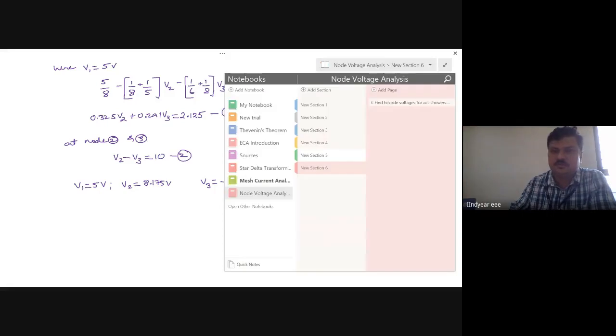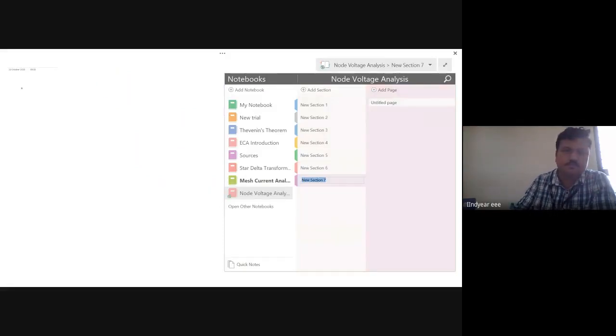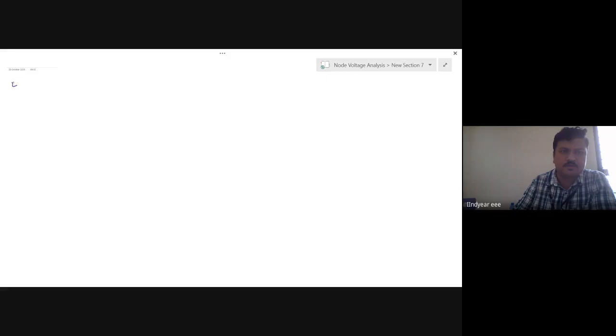We'll move to the next example. In the circuit shown, find I1 using node analysis.